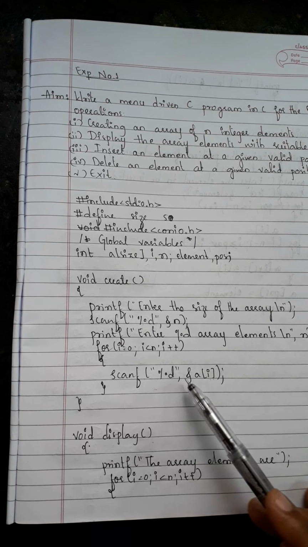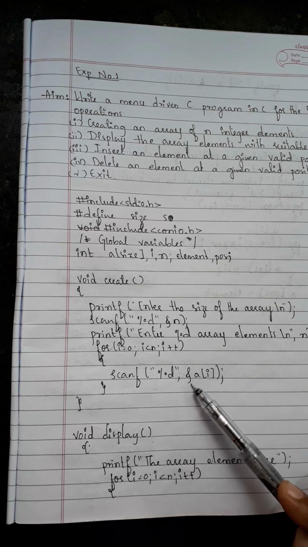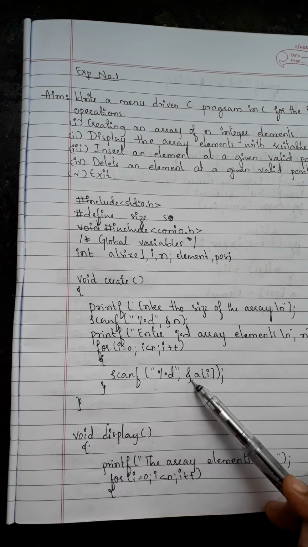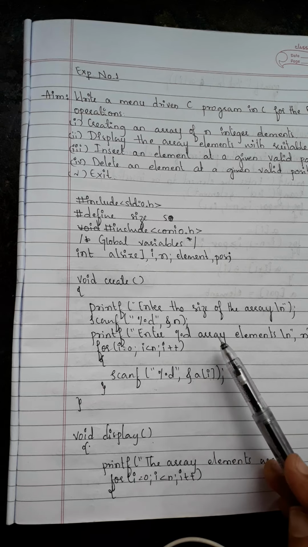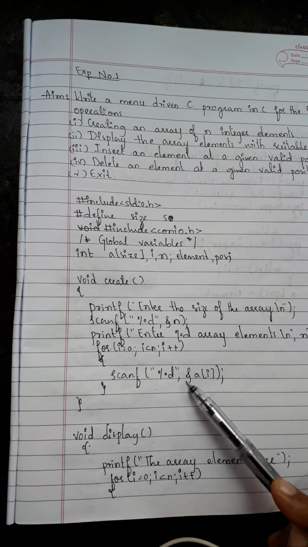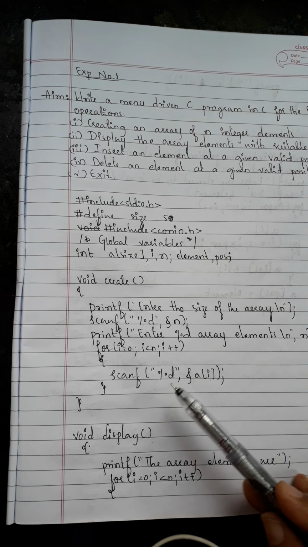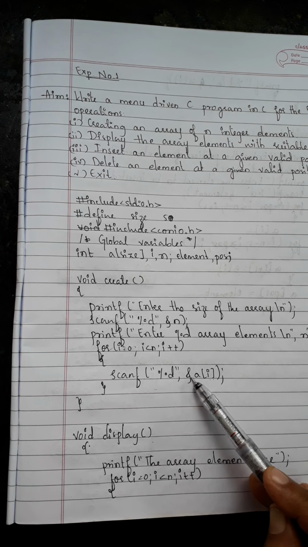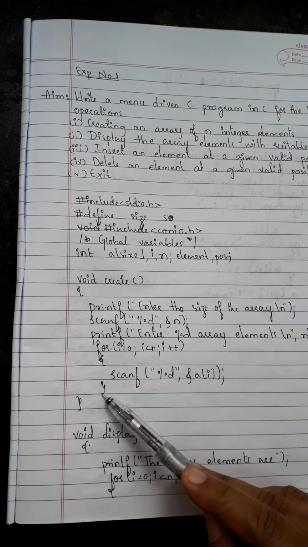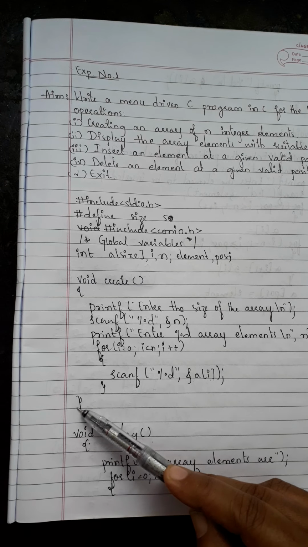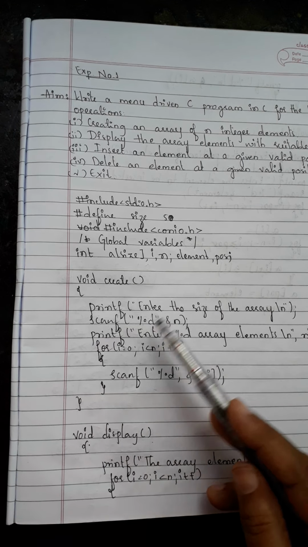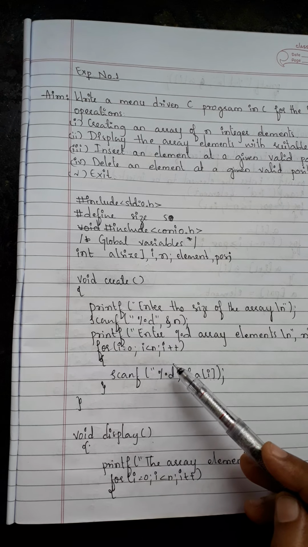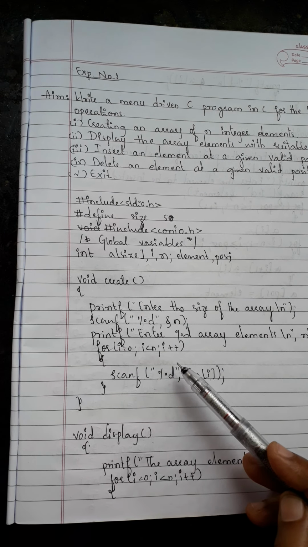I have explained the necessity of the ampersand here. If you miss the ampersand you will get a logical error, and you are unable to read the array elements from the keyboard. That's why scanf should always include the ampersand. This completes the for loop, and this is the end of the function.